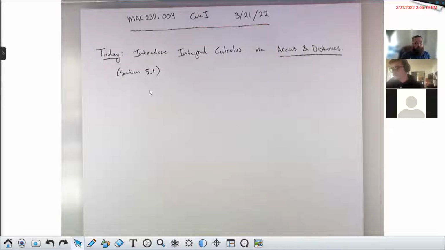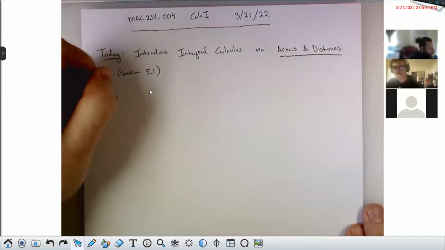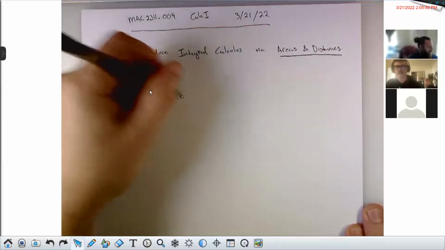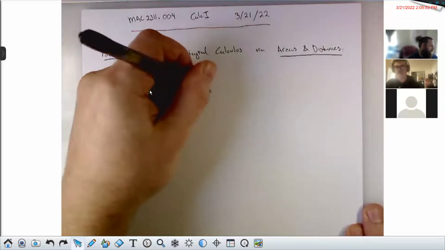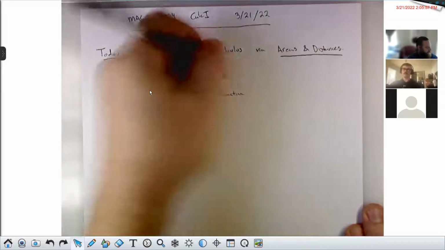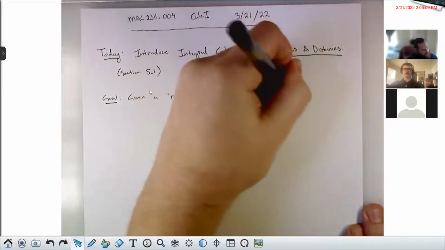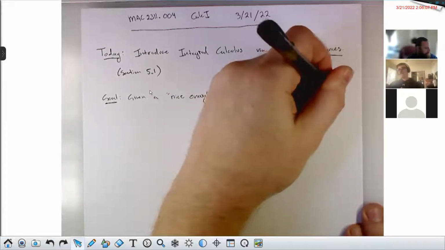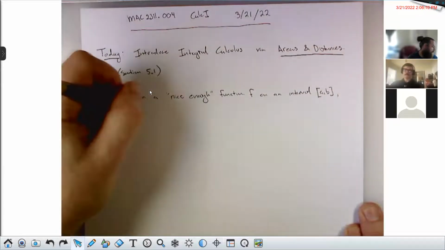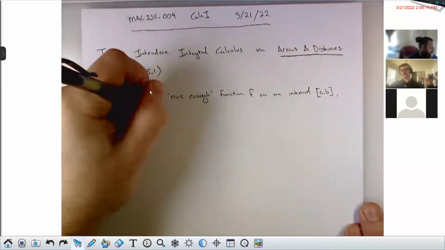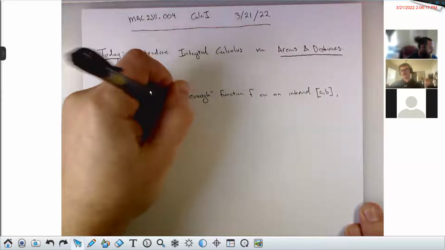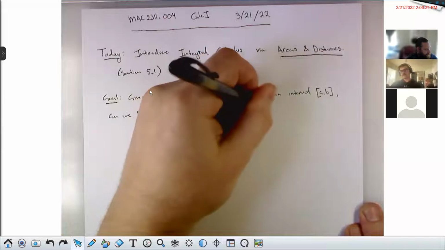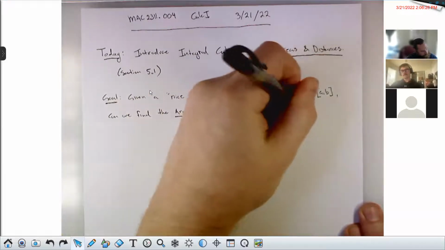From a mathematical standpoint, the main goal is, given a nice enough function f on an interval AB, can we find the area bounded by f and the x-axis or horizontal axis?